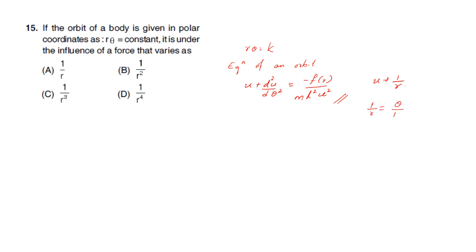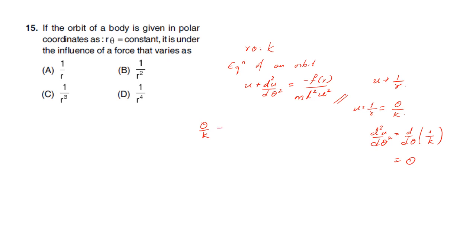theta upon k. Therefore u is theta upon k, then d square u by d theta square is du by d theta, which is 1 upon k. So d by d theta of a constant is 0.